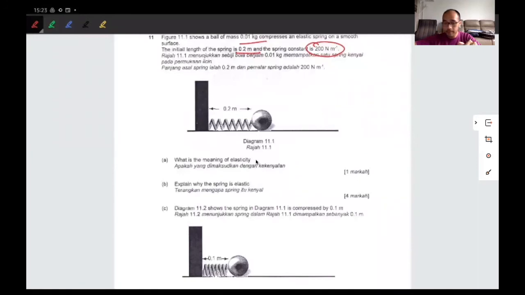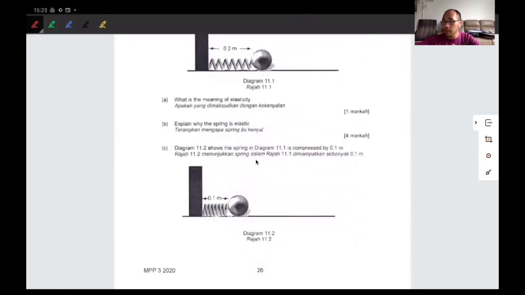Elasticity. What is this? This is Terengganu. Elasticity is the ability for an object to return to its original state right after the load has been lifted. Isn't that how it is? Question number 11.